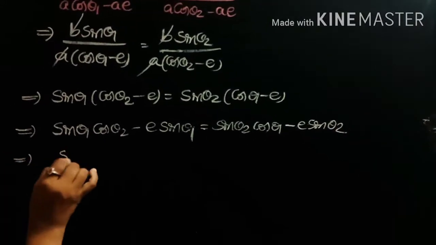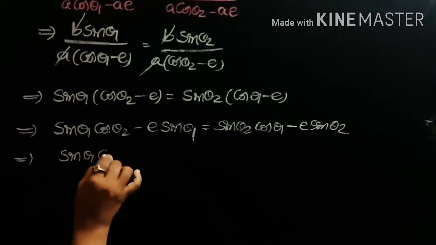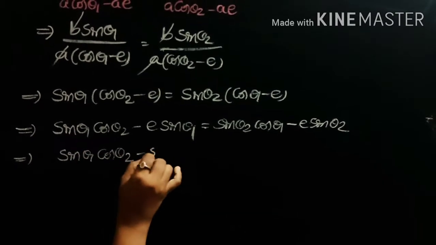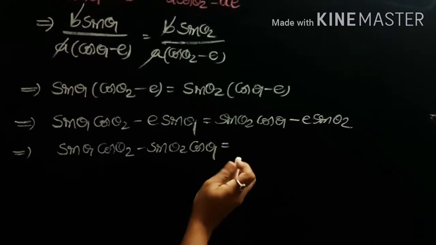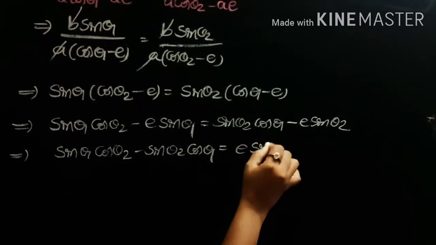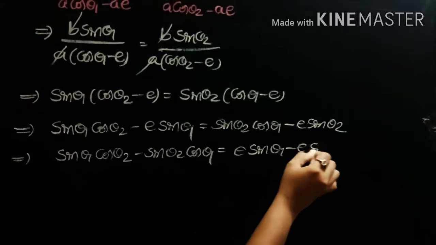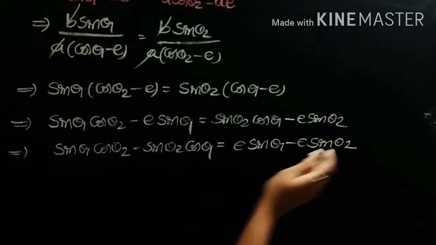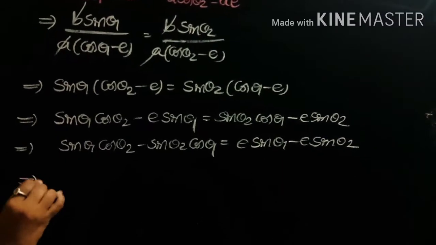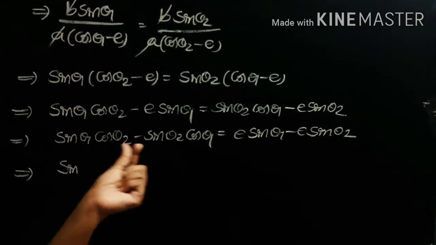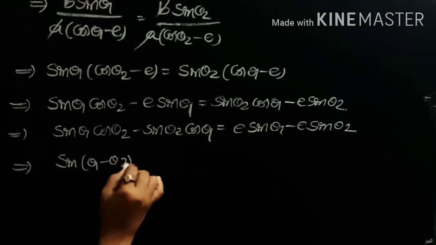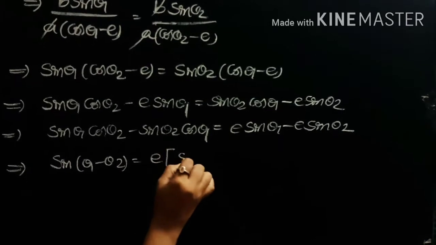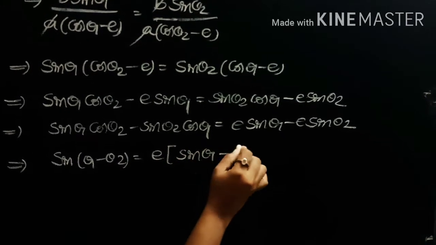That is sin theta 1 cos theta 2 minus sin theta 2 cos theta 1 is equal to e sin theta 1 minus e sin theta 2. Now this is in the form of sin a cos b minus cos a sin b, that is sin of a minus b. So sin of theta 1 minus theta 2 is equal to, taking e common here, e into sin theta 1 minus sin theta 2.